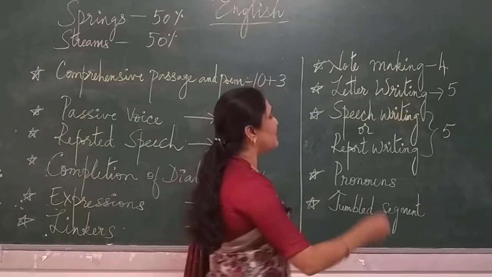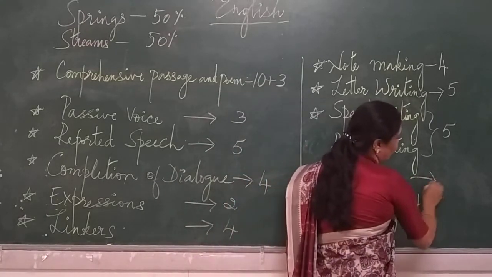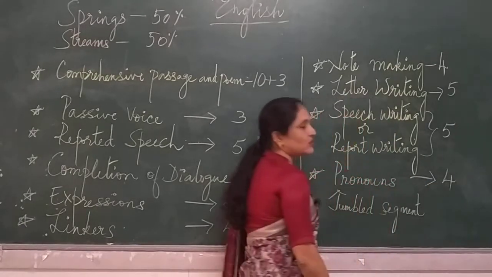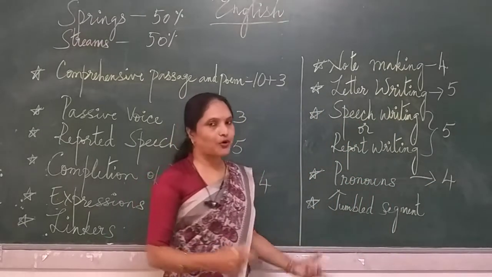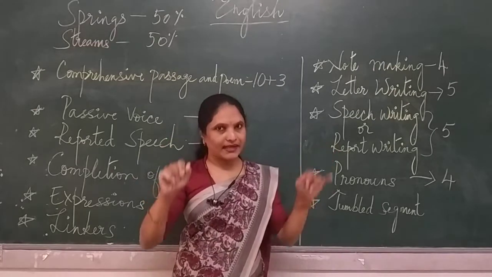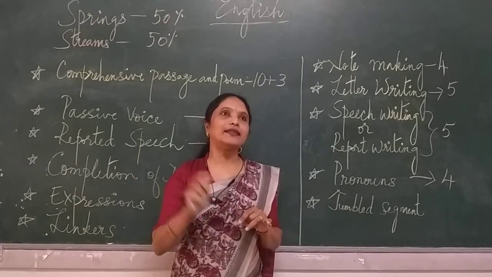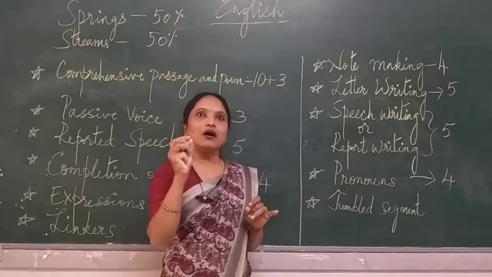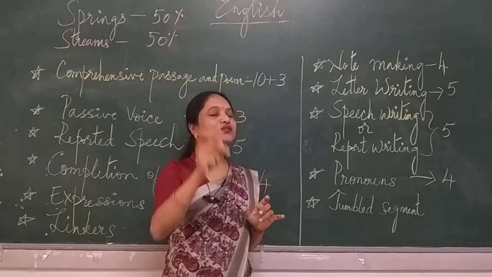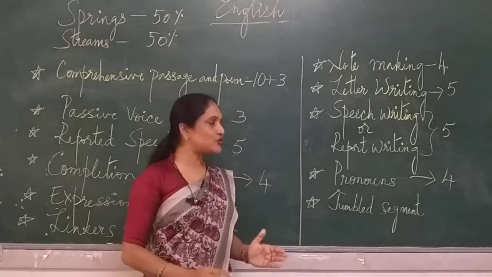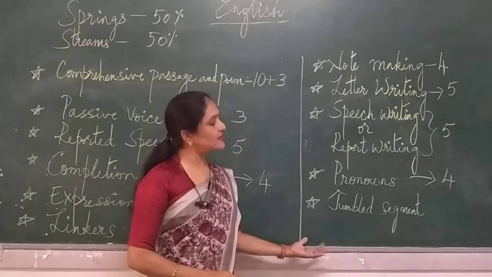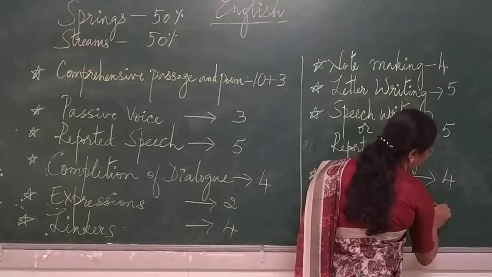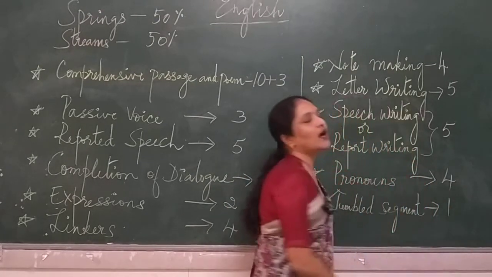Next is pronouns. For this the marks allotted is 4. You might be knowing what pronouns are. They'll give you a paragraph here also and they'll underline some pronouns, and you will have to write what those pronouns refer to. Okay, next is jumbled segment, and for this the mark allotted is 1.